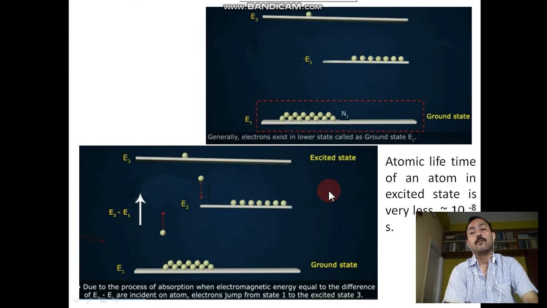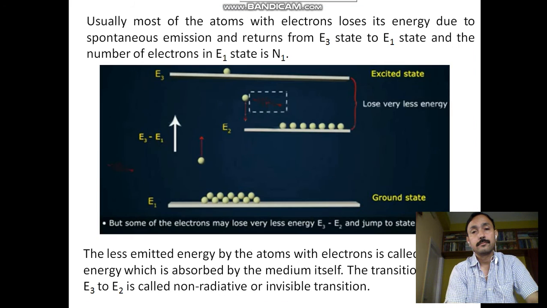The lifetime of an atom in the excited state is very small. It is almost equal to 10 to the power minus 8 second. Usually, most of the atoms with electrons lose their energy due to spontaneous emission.